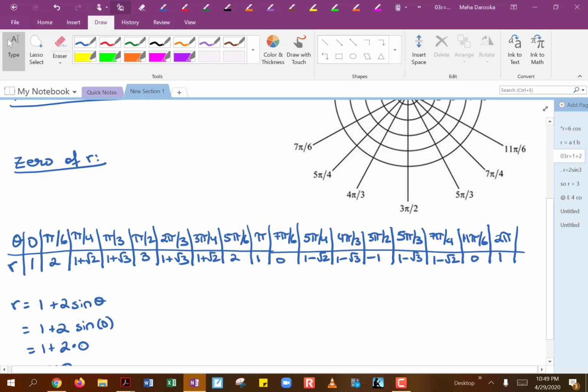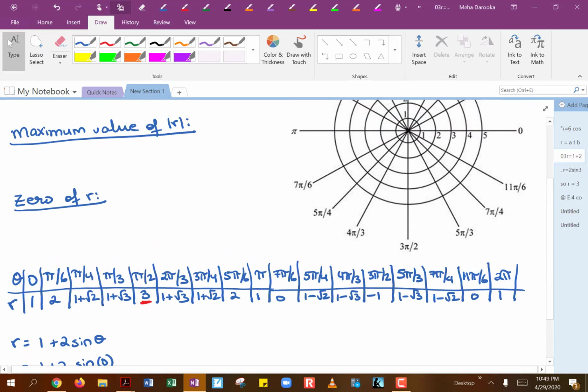Alright, so here we have our table. Now we need to find where we have our maximum values, and we have 1, 2, 3, and that seems to be the maximum value. So the maximum value of the absolute value of r would be r equals 3 when our angle is pi halves. And then, where do we have our zeros?